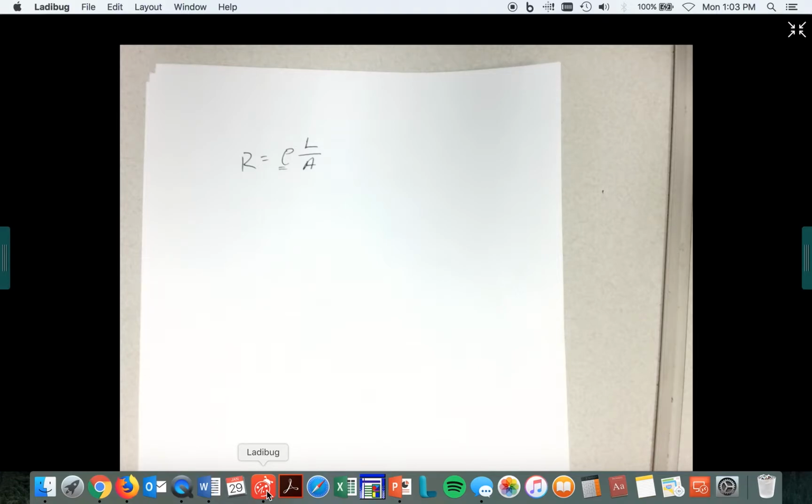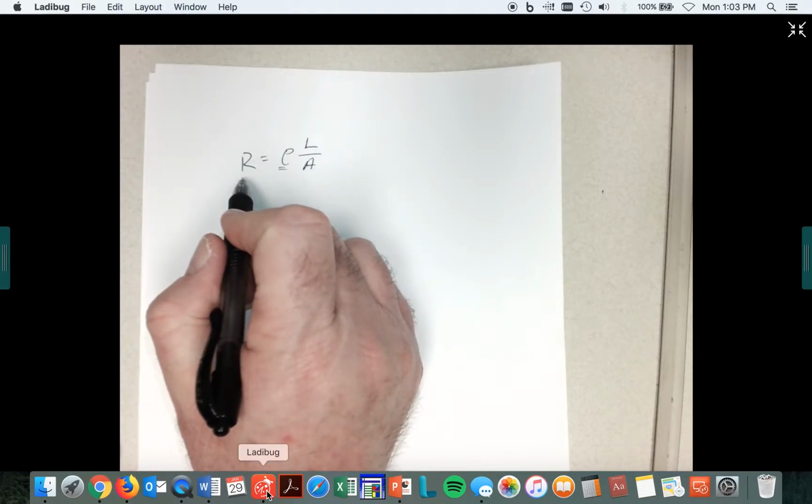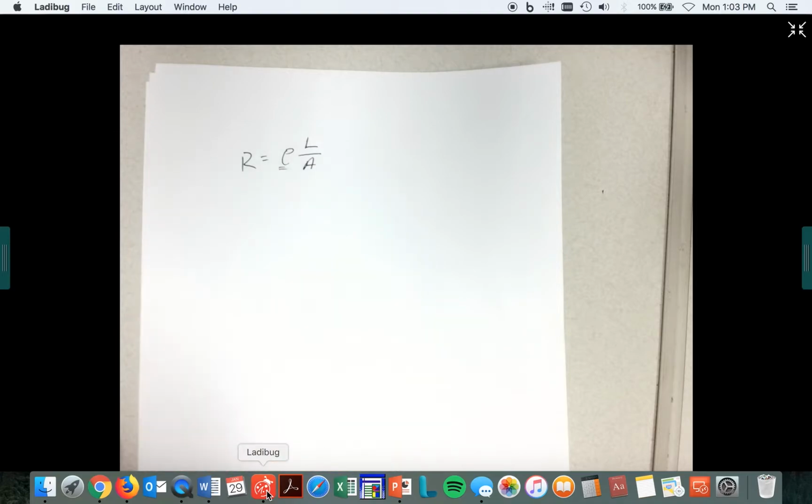Let's consider resistance as if charge was a human being going through a cave or a tunnel or a hole. It's got to crawl through there or walk through there.